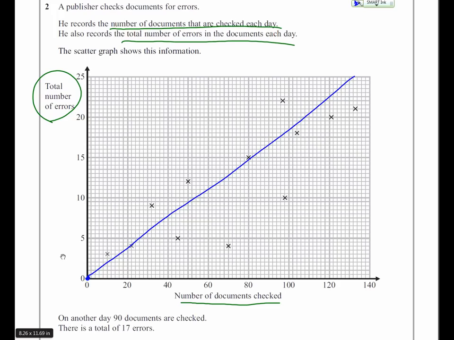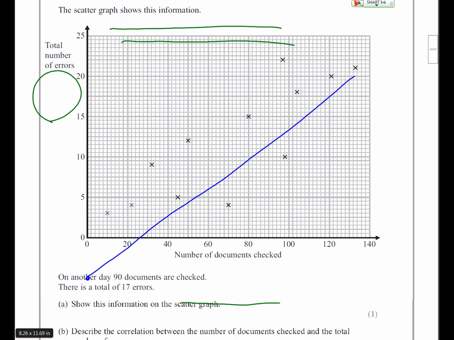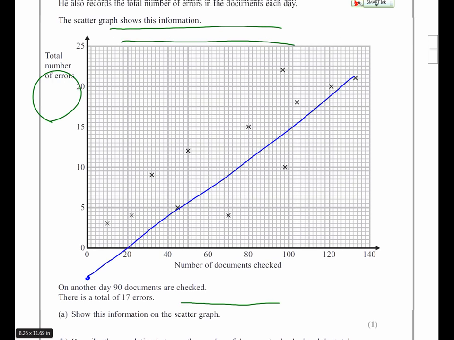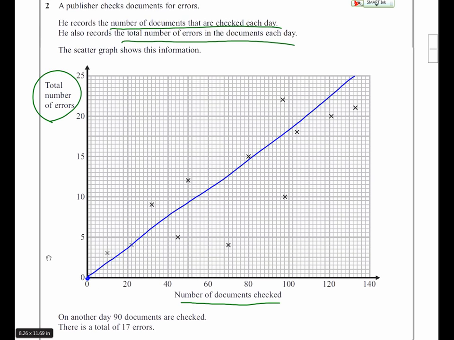On another day, 90 documents are checked. There's a total of 17 errors. Show this information on the scatter graph. Okay, so let's show that. 90 documents are checked and 17 errors. So here's 90 between 80 and 100, and we go up to 17.